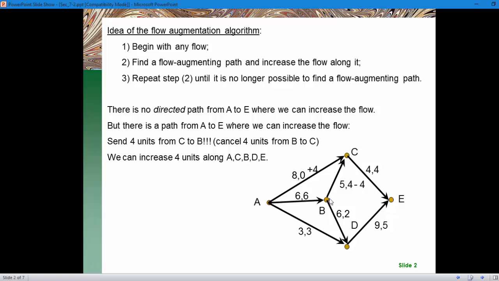Those 4 units of flow arriving at B need to go out of B, and they can go through this arc here. So we increase the flow right there by 4 units. And then from vertex D, we can increase the flow to vertex E, to the sink.